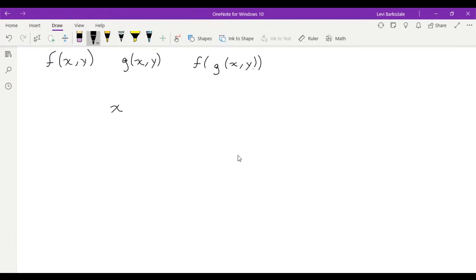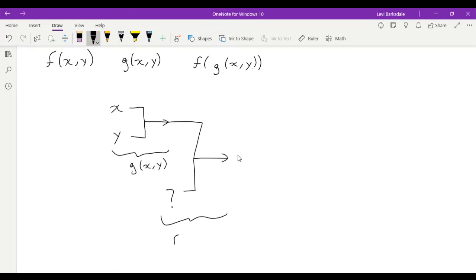So if we have two variables, x and y, as input, well then g of xy turns it into one thing. But f, in order to work, needs two things. And we can't necessarily know what that second item would be, so we can't necessarily take a function composition of two multivariable functions.